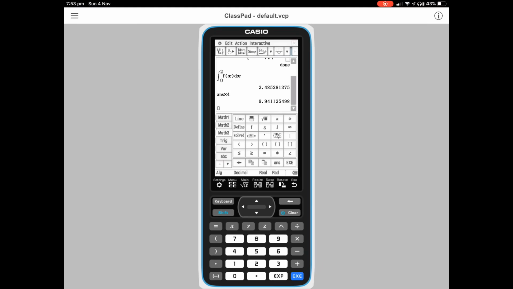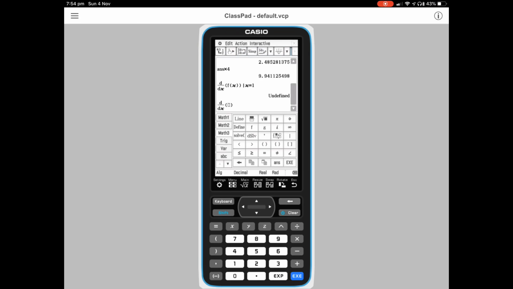So the gradient d dx of f of x given x equals 0. The gradient of f of x. Oh, it's saying it's undefined. Okay, let's just do it at 1. It's going to be the same gradient. It doesn't like the function, the hybrid function.